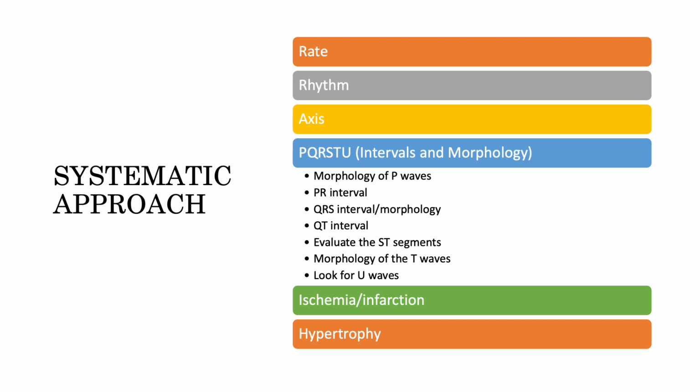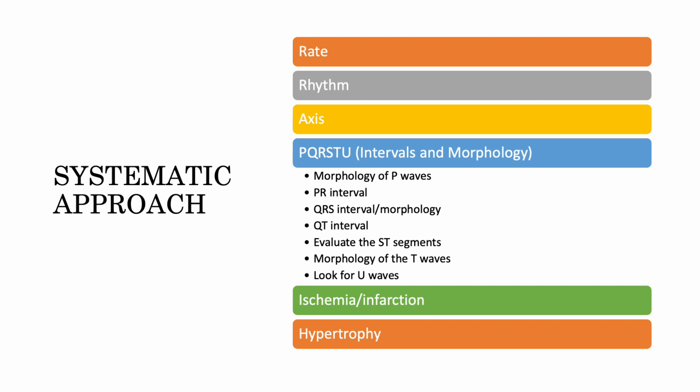Okay, so we have talked about axis in detail. We're now going to move on to talk about intervals, normal versus abnormal, and the potential causes for those. We'll talk about ischemia and infarction and the criteria for that briefly, and oftentimes I include looking for evidence of ischemia and infarction at the same time that I'm doing intervals and morphology.